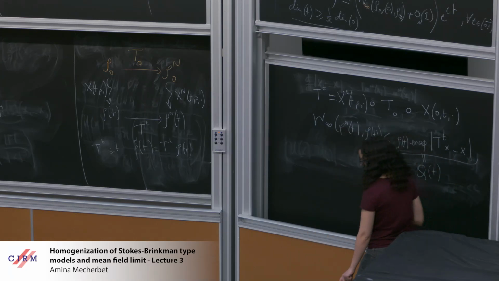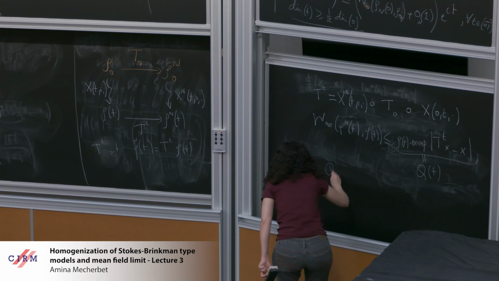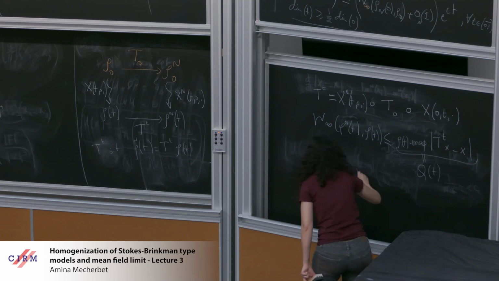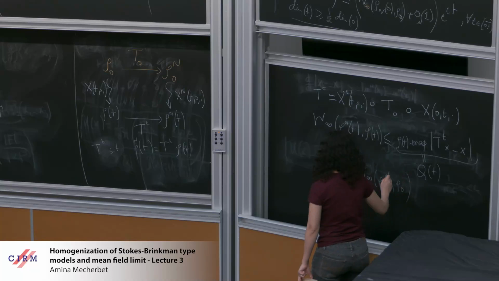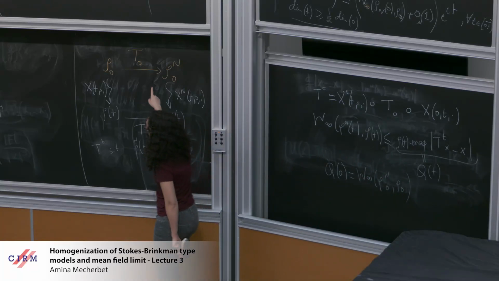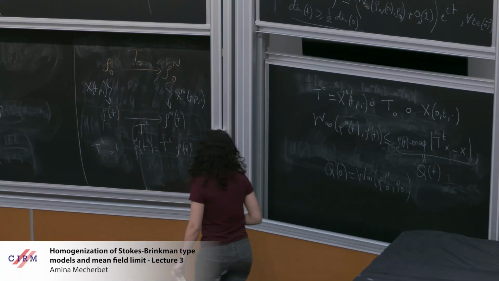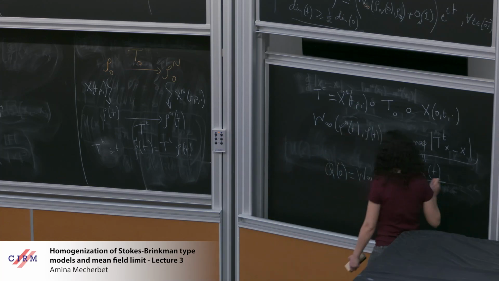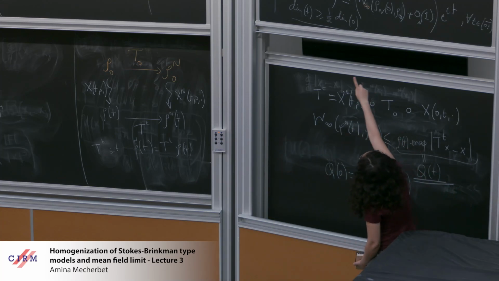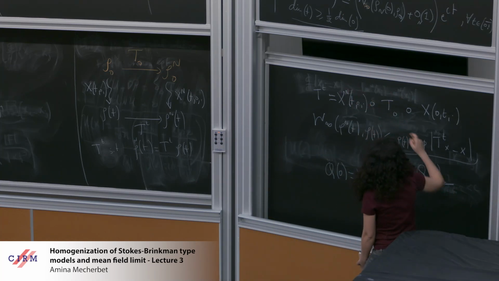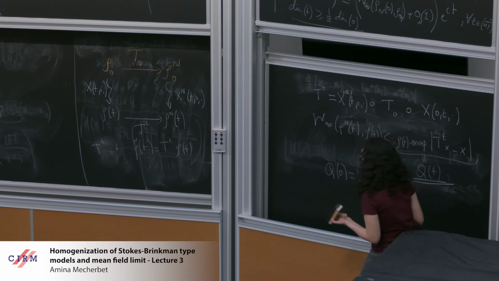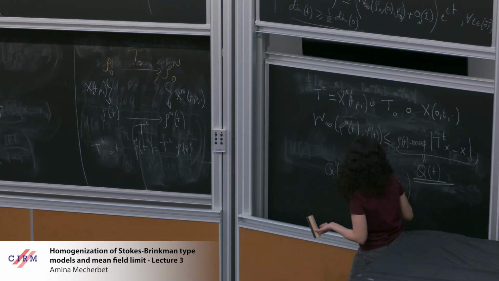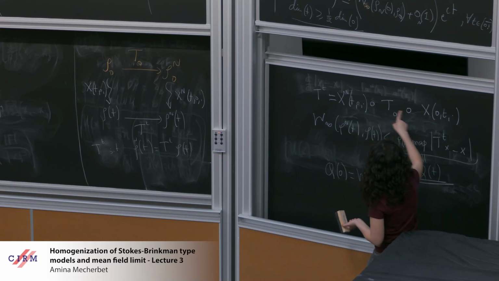It's a specific cost, which at time 0 is exactly the Wasserstein distance, because I choose T0 at time 0 as being the optimal one. So now the idea is to perform a Gronwall on this in order to get something like this, but for Qt instead of the Wasserstein distance. And the advantage is that this Qt is explicit because Tt is given in terms of the characteristic flow.